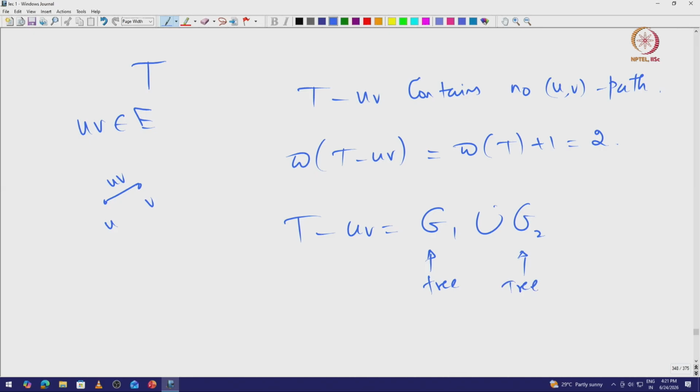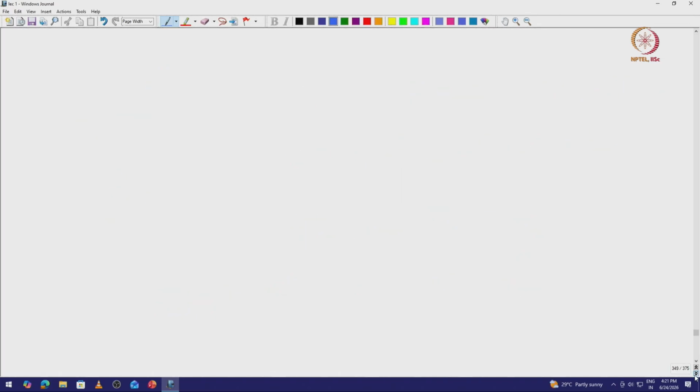Now by induction we can assume that the number of edges in Gi must be exactly equal to the number of vertices in Gi minus 1. So, if you look at the number of edges in G, this is going to be the number of edges in G1 plus the number of edges in G2, plus 1, the edge uv which is removed.